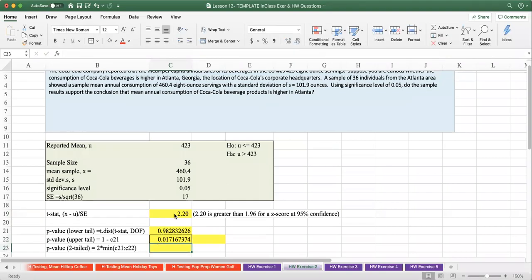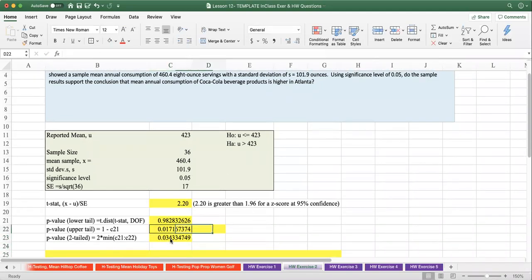And then this would give us both tails if we were looking for that. I'm going to have you do all of those every single time we do one of these because I think it's good practice. So this is 2 because you're getting both tails, so 2 times the minimum, which would be the upper tail in this case. The upper tail is the smaller of the 2. That's giving you the outside upper tail distribution because you're looking at values that are greater than that.